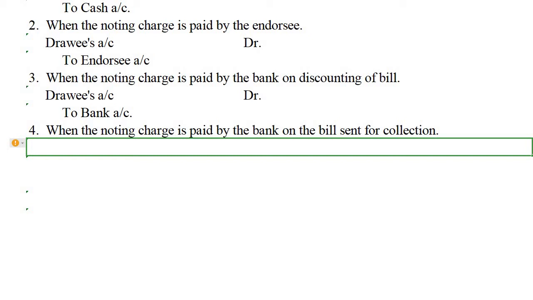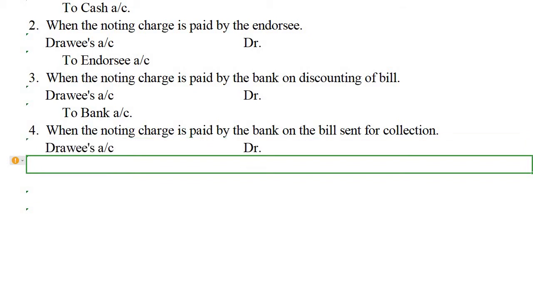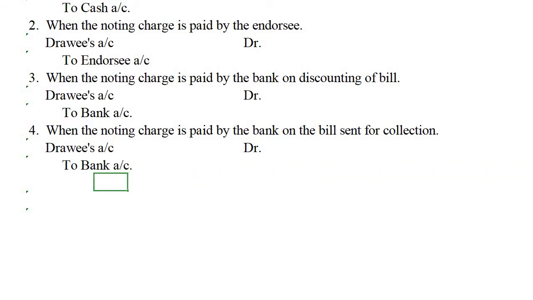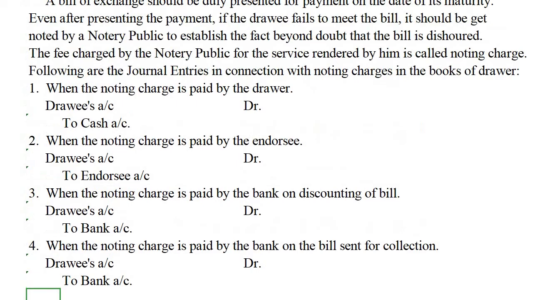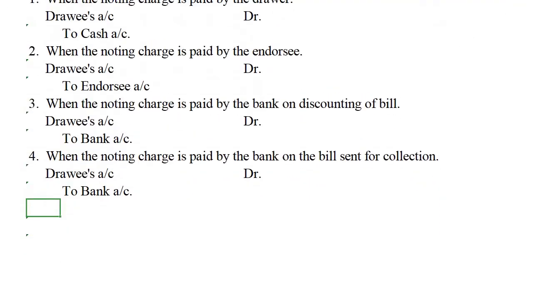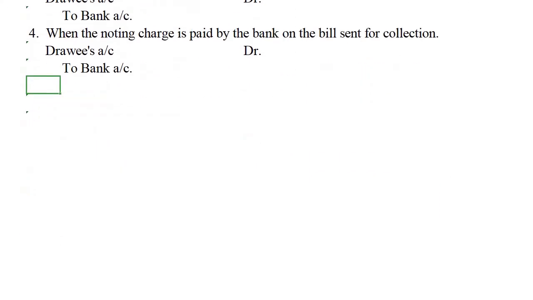So we have to get the money from drawee. So the journal entry we will write is drawee debtor to bank. That means drawee has to pay money to our bank account. So these are the journal entries related to noting charges in all the four different cases.